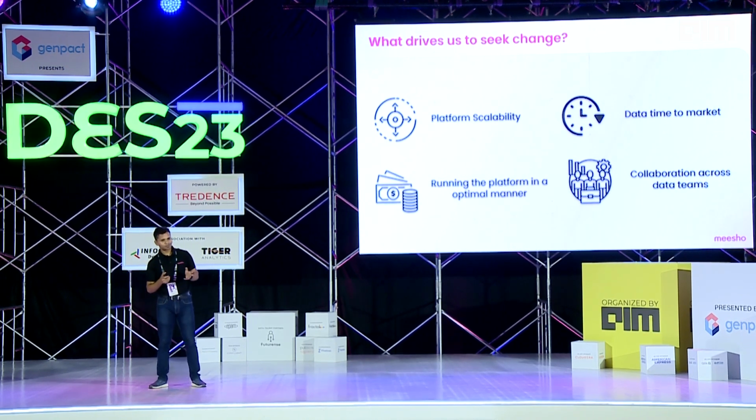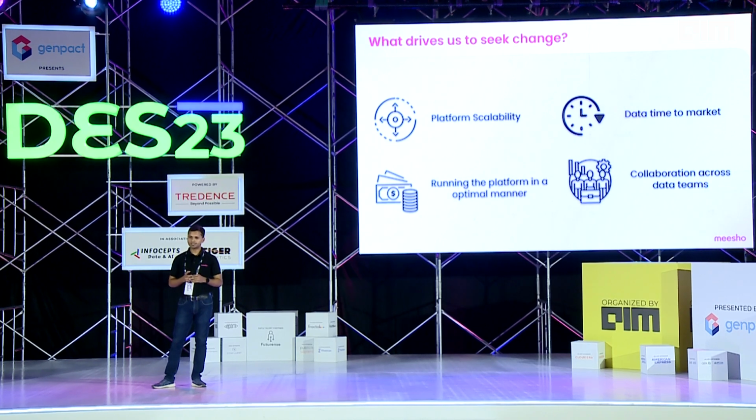We should have predictable data freshness and data quality guarantees for the consumers. And the next data architecture should ensure that different teams are able to collaborate and utilize data in a manner so that we derive maximum business value.